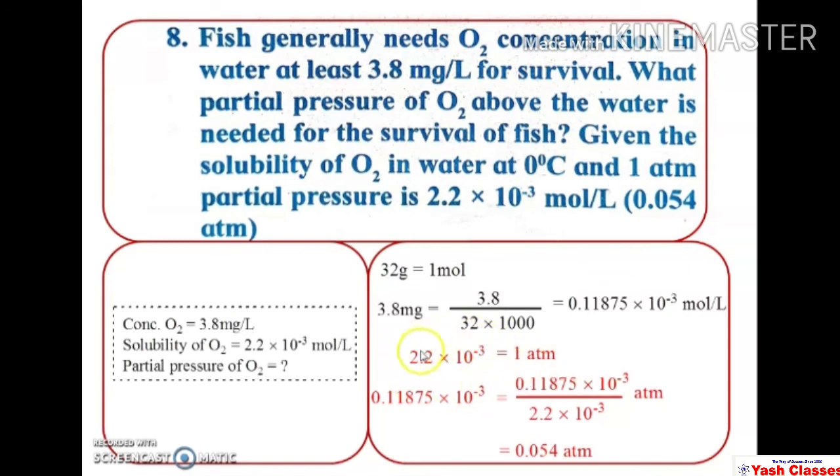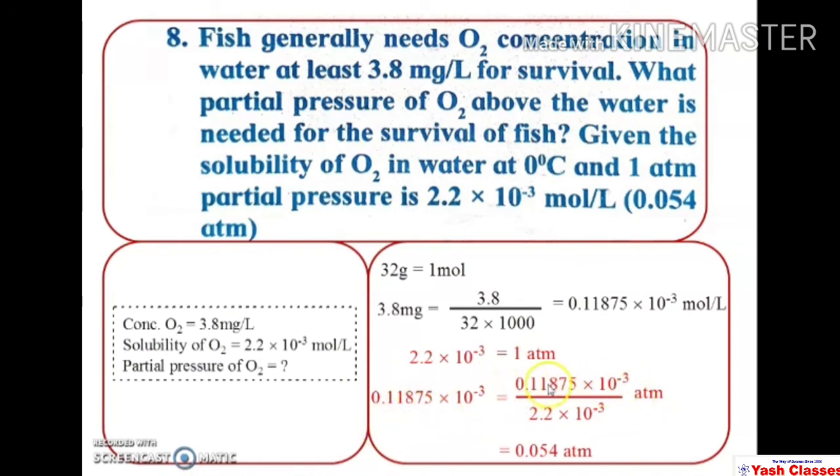So this much solubility of oxygen is at 1 atmospheric pressure, and therefore 0.11875 into 10 raised to minus 3 moles of oxygen, which is required for the survival of fish, corresponds to what pressure? So this is again cross multiplication.